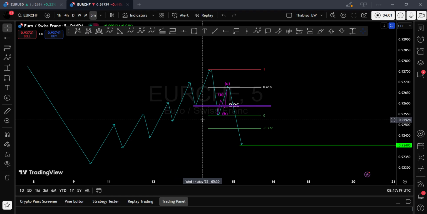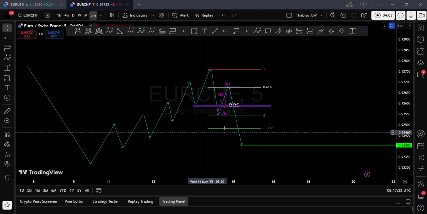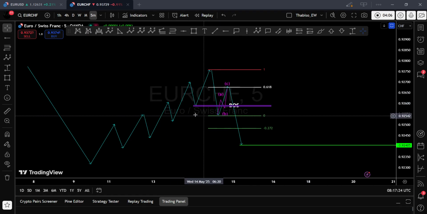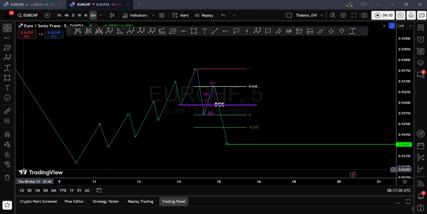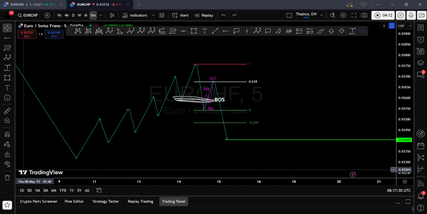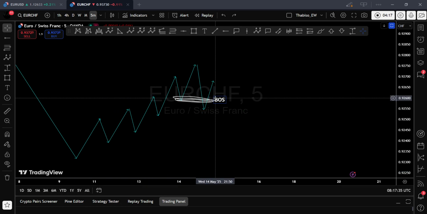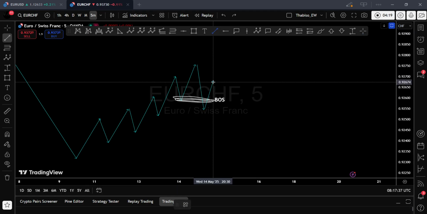But one other thing, just so you don't get trapped: it doesn't mean that every time there is this BOS, the market is definitely going to go down.